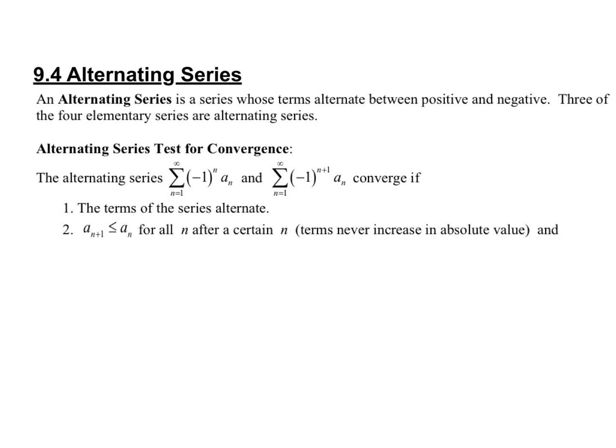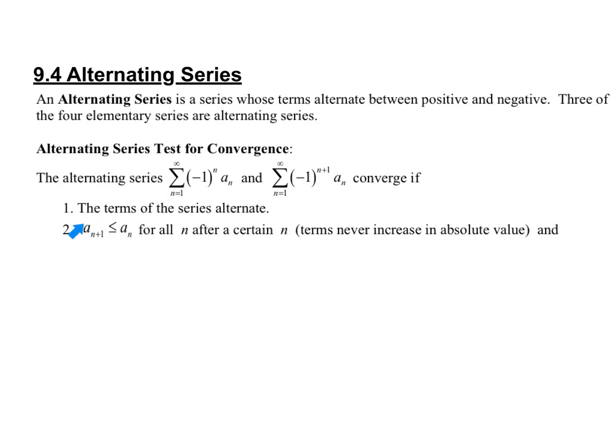All right, next piece. a sub n plus 1 is less than or equal to a sub n for all n after a certain n. What that means is that for the first couple of terms it might not work, but for the third, fourth, and on down, this will work. Let's understand what this really means. This is the term we're at, and this is the succeeding term.